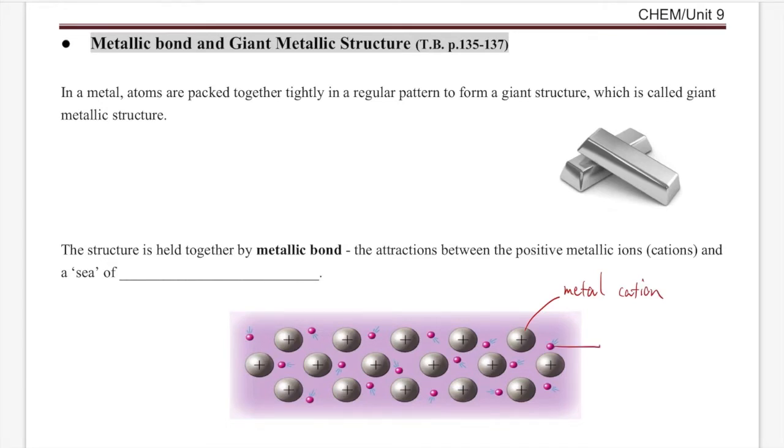That represents the delocalized electrons. The attractive force between the metal cation and the sea of delocalized electrons is called the metallic bond. We can say delocalized electron or mobile electron.